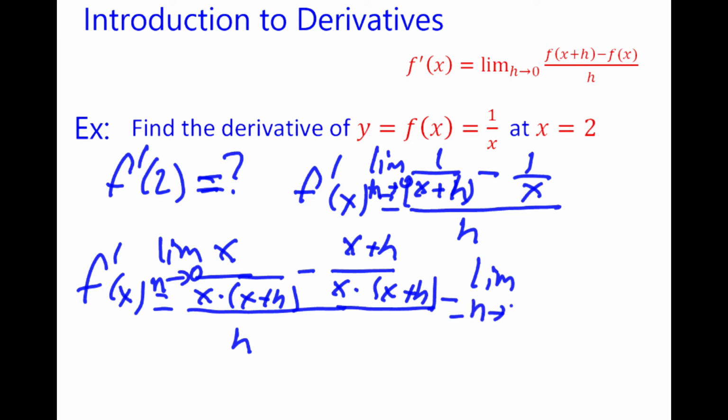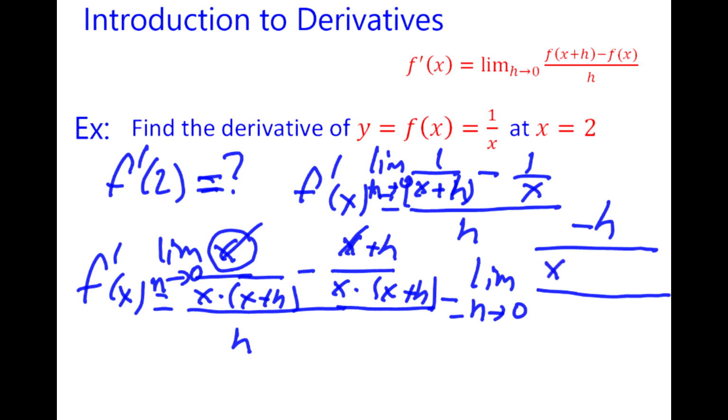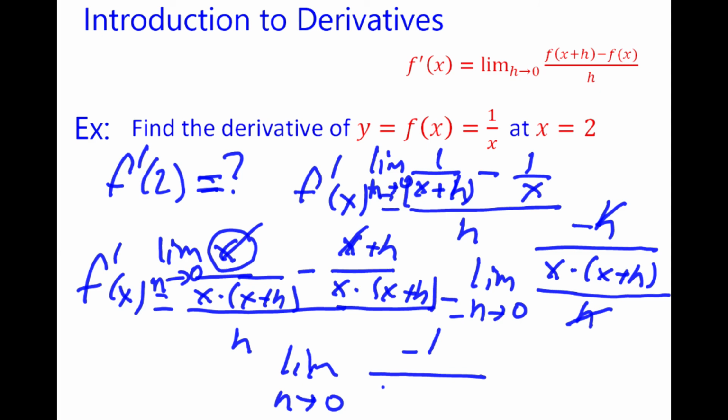Limit when h goes to 0, then we have x here, we have negative x here, so those will be gone, and we're going to have negative h in the numerator, negative h divided by, in the denominator, we're going to have x times x plus h, guys, and here also we have h here. In the next step, those h values will be gone, so we're going to have limit when h goes to 0, then negative 1 divided by x times x plus h, guys.